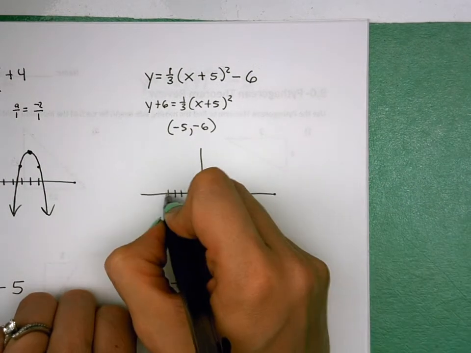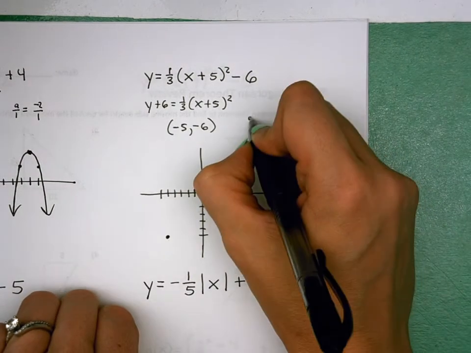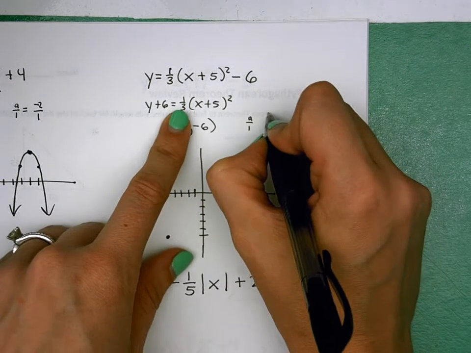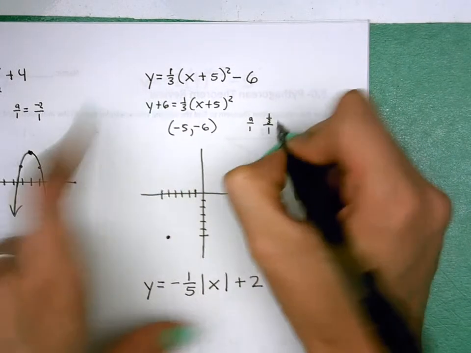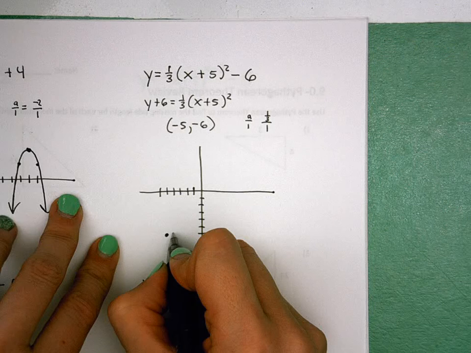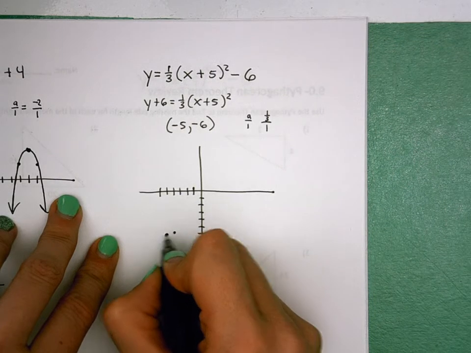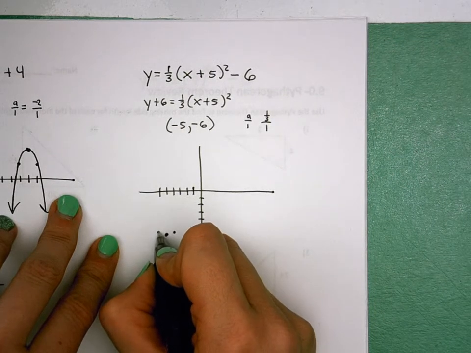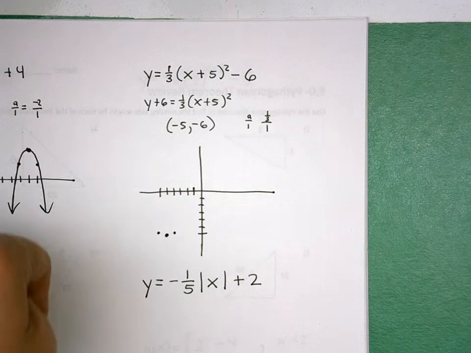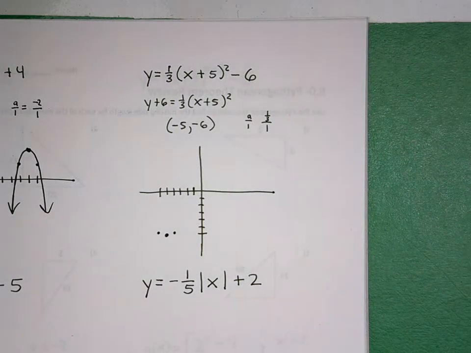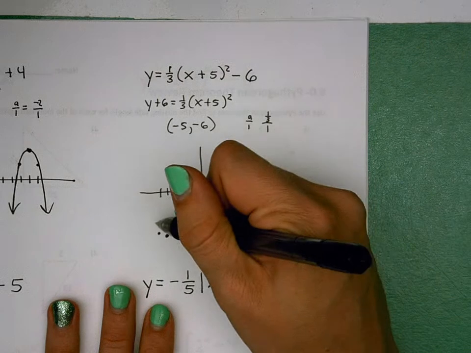Okay. And then we're going to be going a over 1. My a is 1/3. So this is up 1/3 over 1, which is going to be pretty spread out there. Okay? And then you've got your curve.